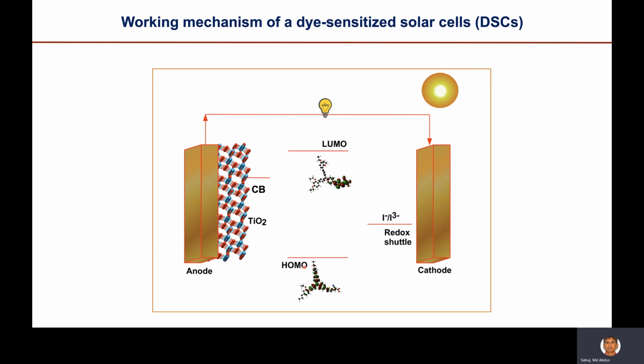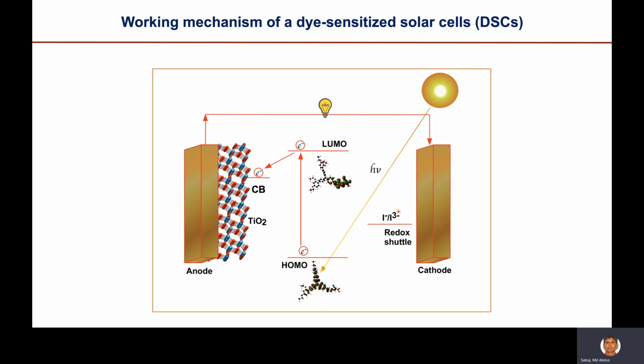Let's first look at how a dye-sensitized solar cell works. The important parts of a DSC are the dye, which is a critical component of the device that absorbs photons from the sunlight, a semiconductor surface, a counter electrode, and the redox shuttle. In a DSC device, the dye absorbs a photon and goes into an excited state.